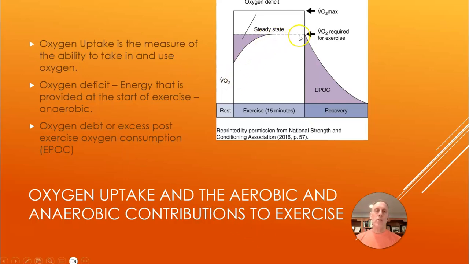So you have the amount of oxygen that's required to exercise at that level, denoted by the dotted line. But you know that you're anaerobic to start off because that's the predominant energy system that helps you, even in a steady state exercise, as represented here, where they show 15 minutes of exercise. So you run a deficit to start. That's the difference between these two.